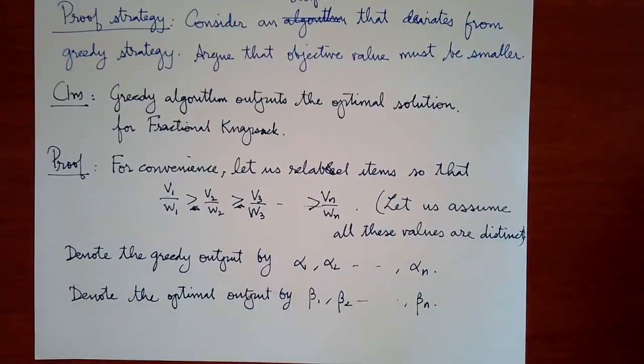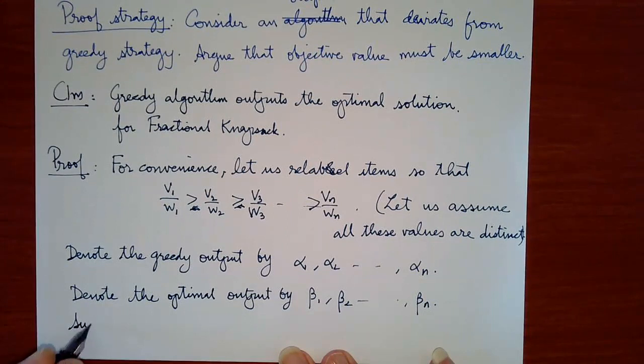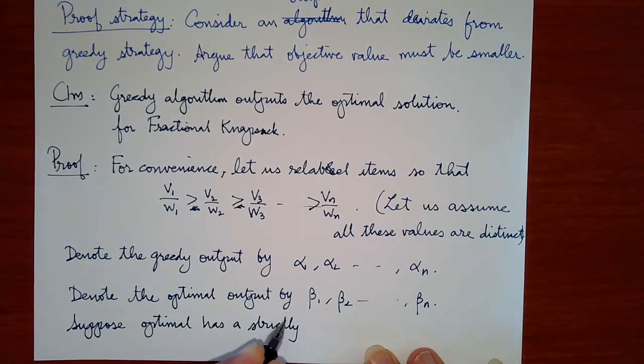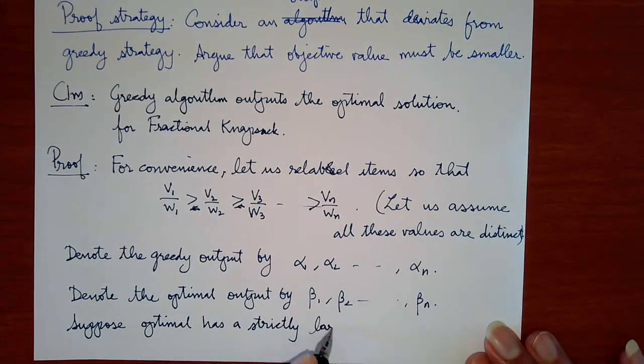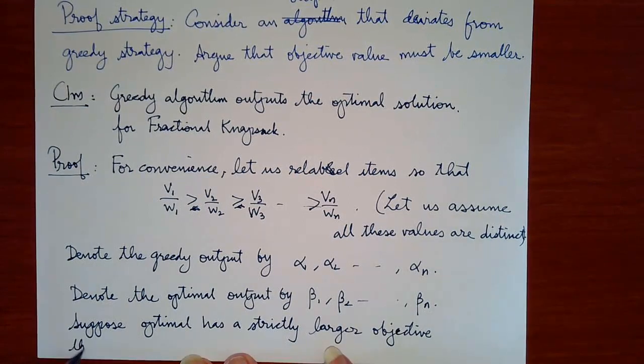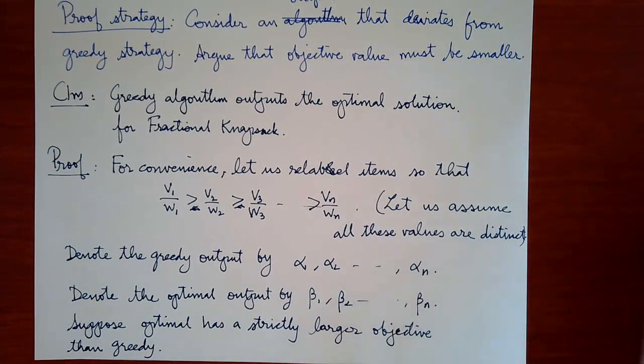Okay, now how are we going to make the argument? What we want to argue is, suppose the optimal has a strictly larger objective than the greedy.